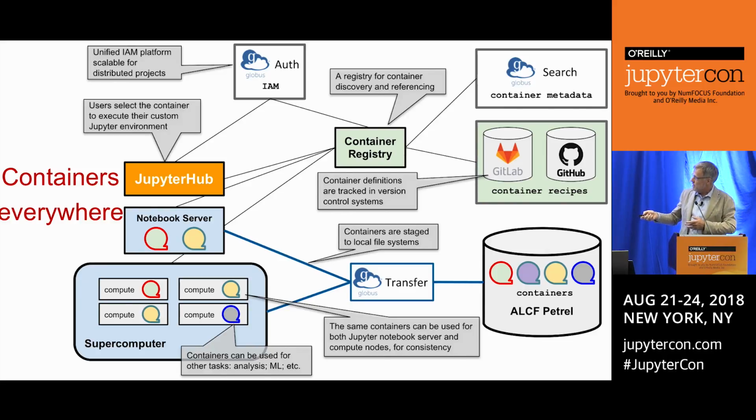And then we have associated, maintained for use at Argonne and elsewhere, a searchable container registry that we can use to find containers that meet a particular purpose. And then we dynamically deploy these onto things like the supercomputer that we use to actually train the models.